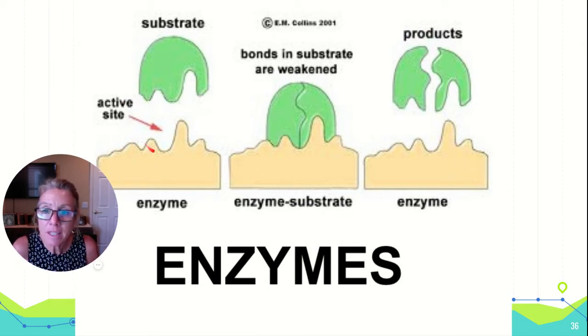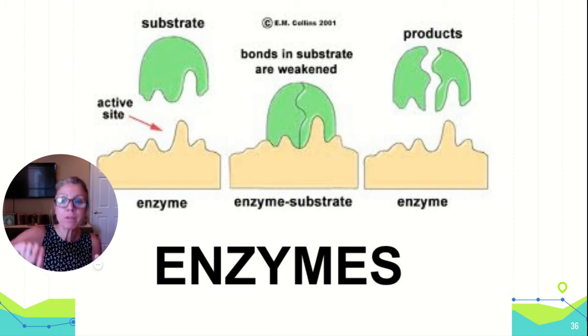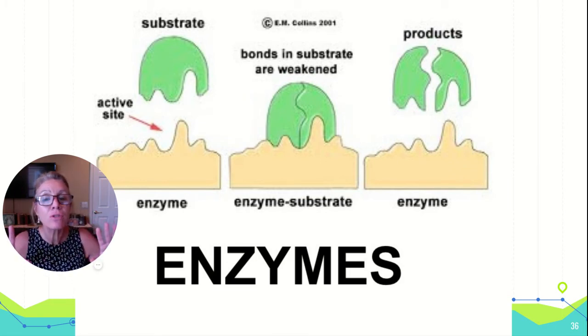On this enzyme, side note, enzymes are made out of proteins, so we just want to remember for a quick minute the structure of proteins. There's primary, secondary, tertiary, and quaternary structure. The primary structure is the sequence of amino acids and the number of chains you have. The secondary structure is either an alpha helix or a beta pleated sheet, and that is not due to the R groups.